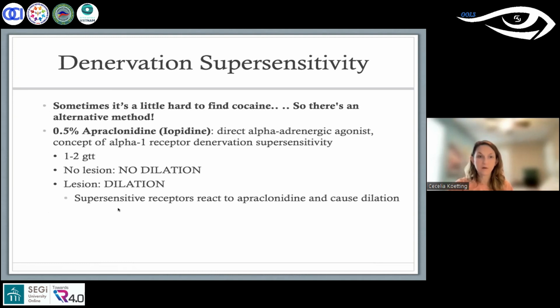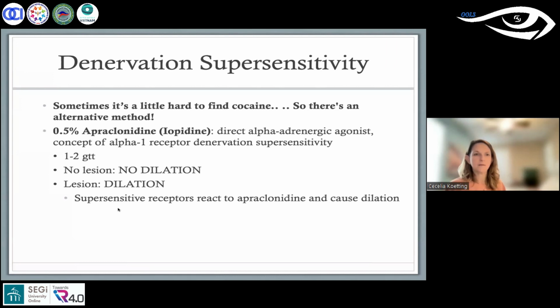Other things that we can do in office, if we are not thinking it's in that first category, we can start to look for the supersensitivity of the nerve, because it's been essentially deprived of certain compounds in our body.